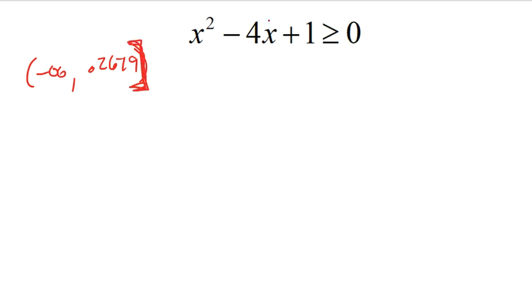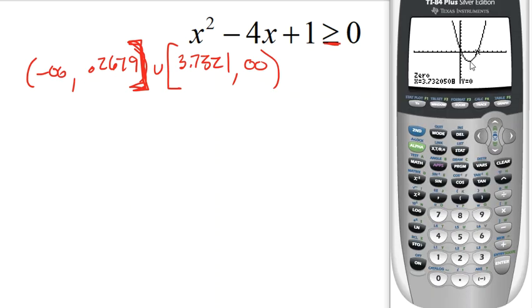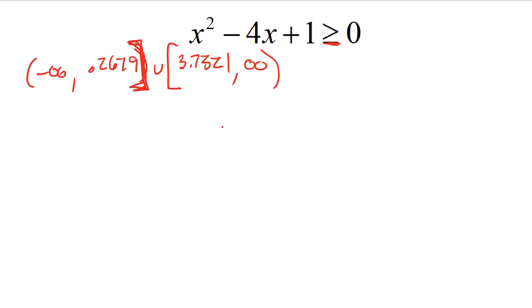Oh my gosh, bracket, because it says I'm allowed to equal to. So that means the zeros are solutions. And then another answer would be a bracket 3.7321 towards infinity. So anywhere on the outsides of those two zeros, and I'll show the graph one more time, anywhere to the outside of those two zeros are going to be my solution sets that produce numbers that are greater than 0.